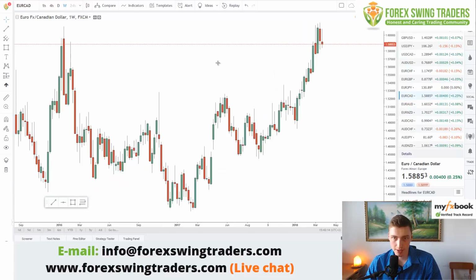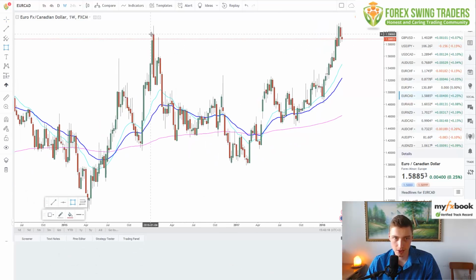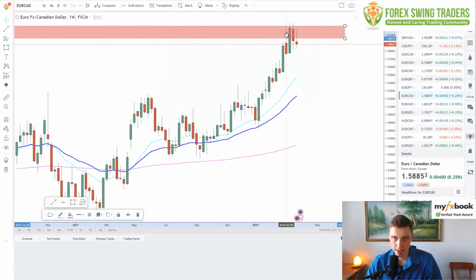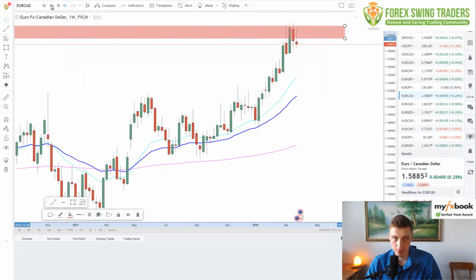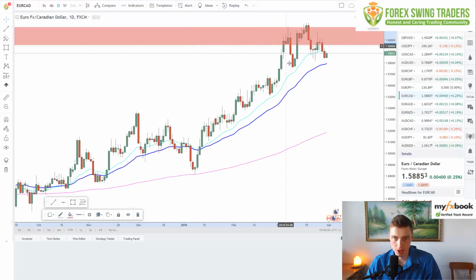So EuroCAD is a very interesting one, because in EuroCAD, you can see here's the resistance, right? And price just reached that, okay, and you can see price is respecting it. Price couldn't close above this resistance, okay, and this is a very good sign. And if you go on a daily time frame, you can also see here sort of an exhaustion movement.